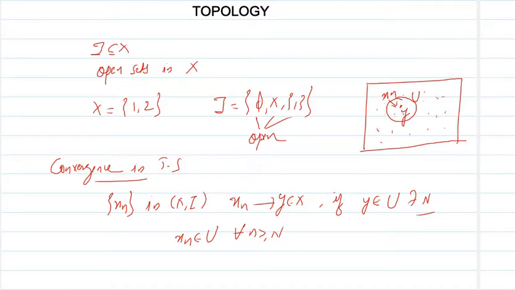That means an infinite number of terms are in this open set U. So that is the definition of convergence in a metric space also.